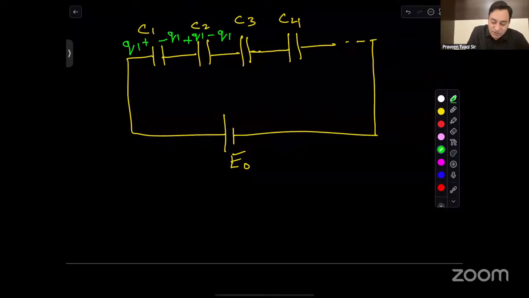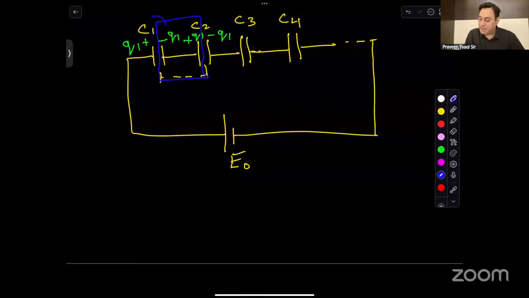If it is minus Q1 here, we know these two plates are isolated. ये isolated है. तो इस पे अगर माइनस Q1 आया तो इस पे प्लस Q1 आ जाएगा, और ये सब मैं पहले एक्सप्लेन कर चुका हूँ. Now minus Q1 plus Q1, and the charges are same on every plate, minus Q plus Q, minus Q, and each capacitor has the same charge.